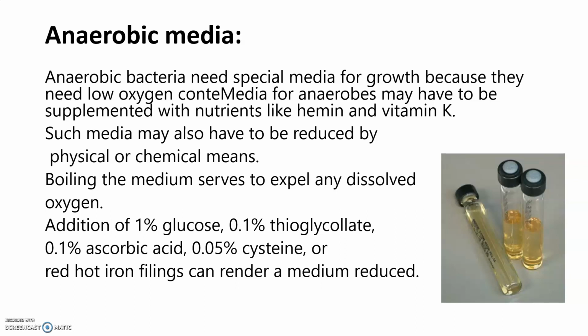Boiling the media serves to expel any dissolved oxygen. Addition of 1% glucose or 0.1% thioglycolate or 0.1% ascorbic acid or 0.05% cysteine or red hot iron filings can be used to reduce the media to maintain anaerobic condition.